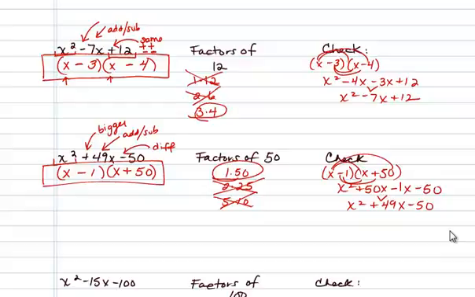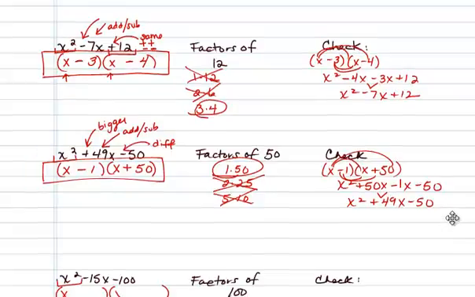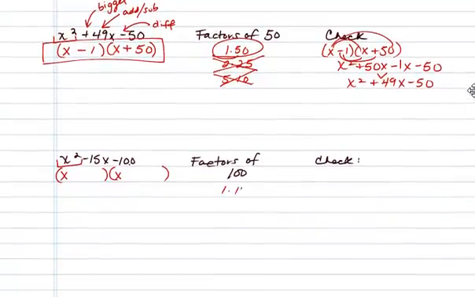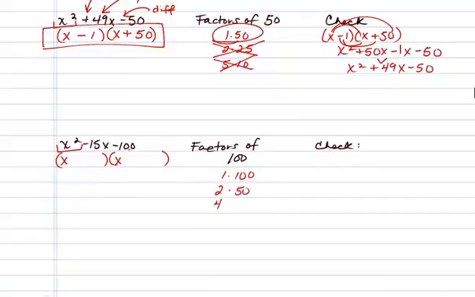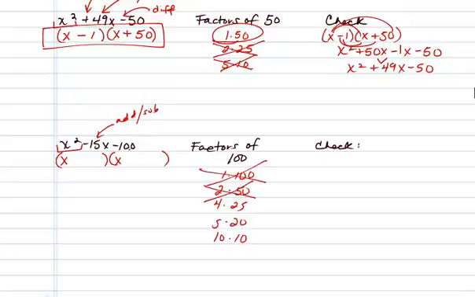All right, let's try the last one. To make x squared, x and x. To make 100, got a lot of different choices. I need numbers that add or subtract to get 15. 1 and 100 do not. 2 and 50 do not.